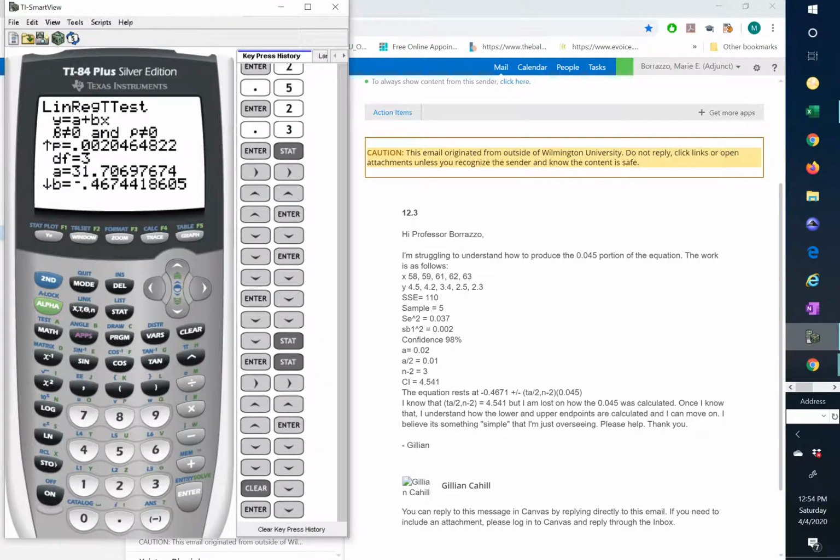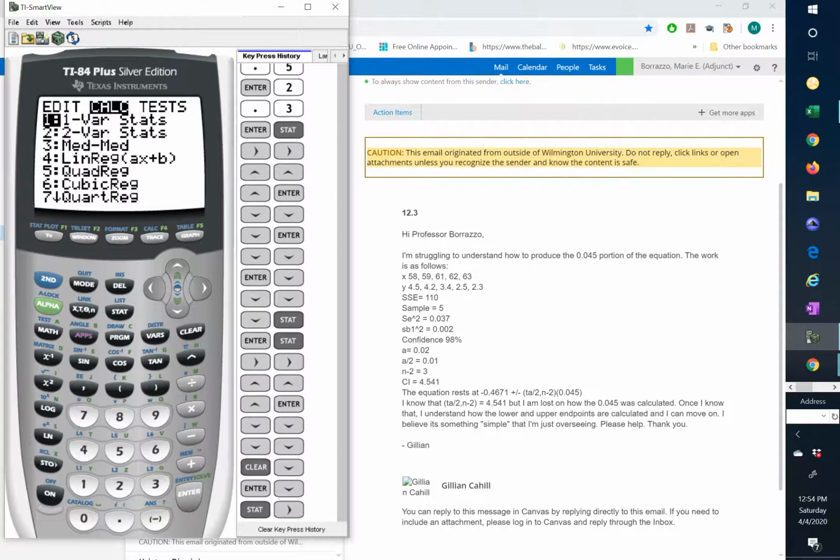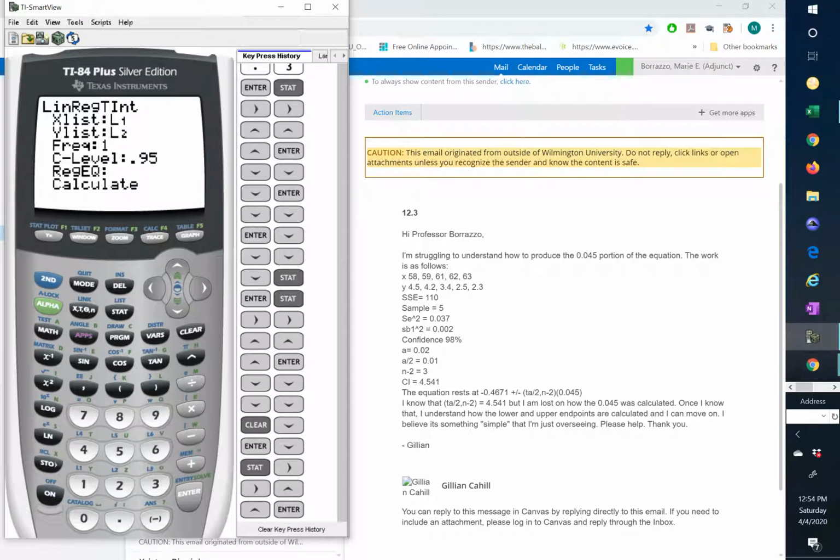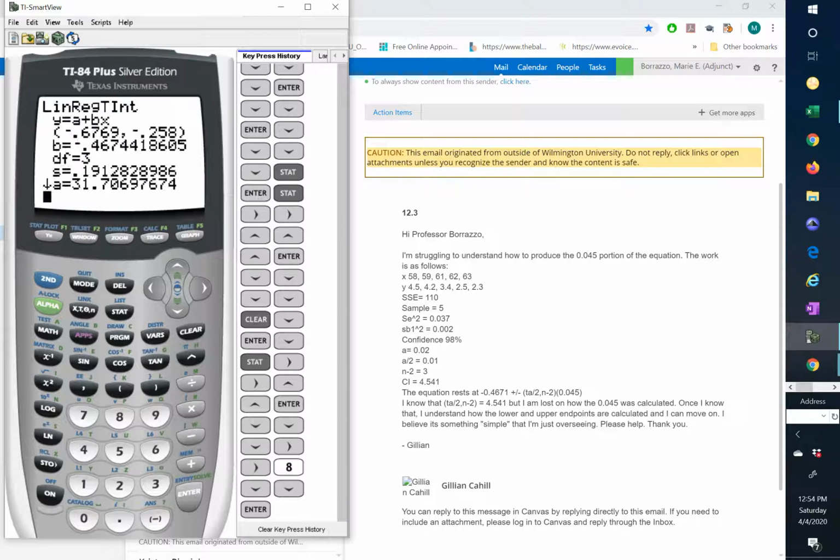So let's see on my calculator, if I go to stat test and I go to LinRegTInt, see what I get. We're looking at 98% confidence according to what you're saying. Alright, so we'll go down to calculate and hit enter. Let's see if the 0.045 comes in. So, okay, they're both negative.